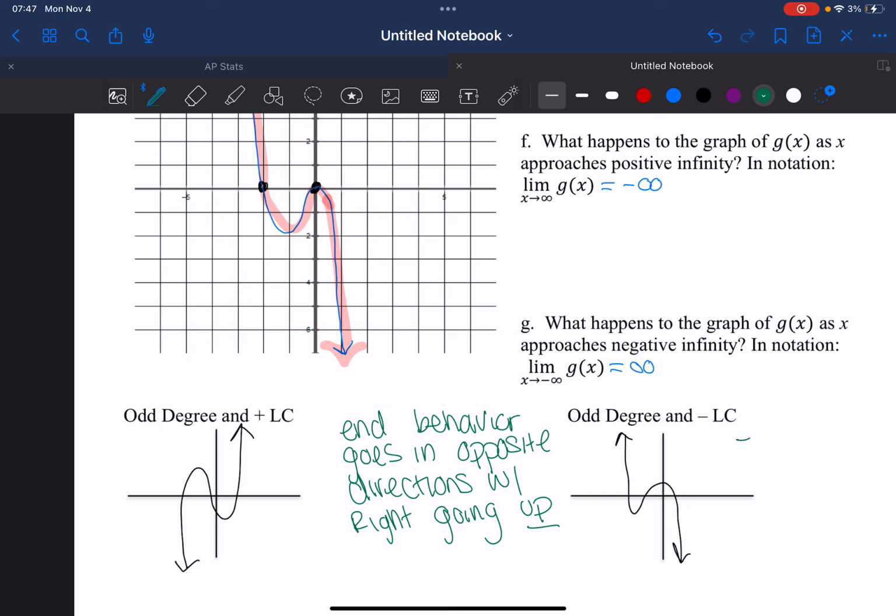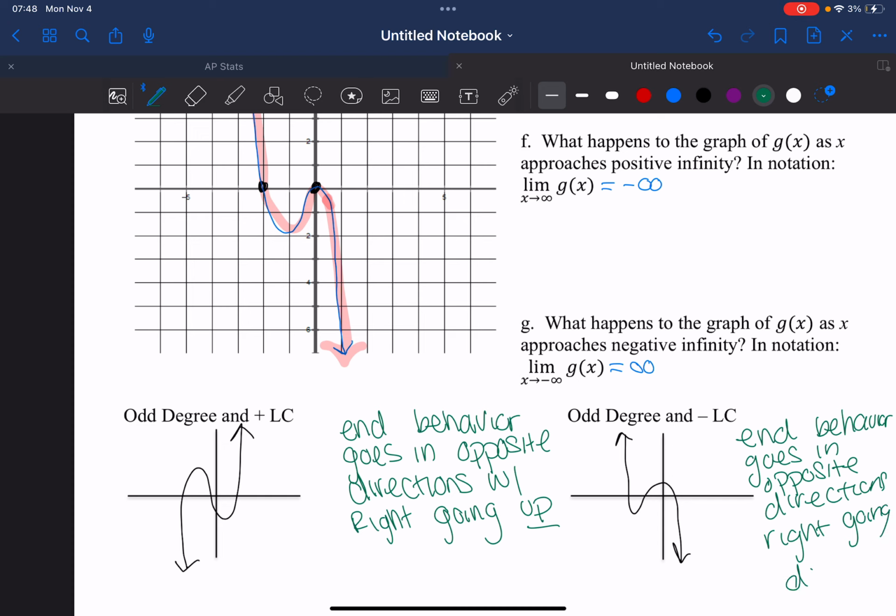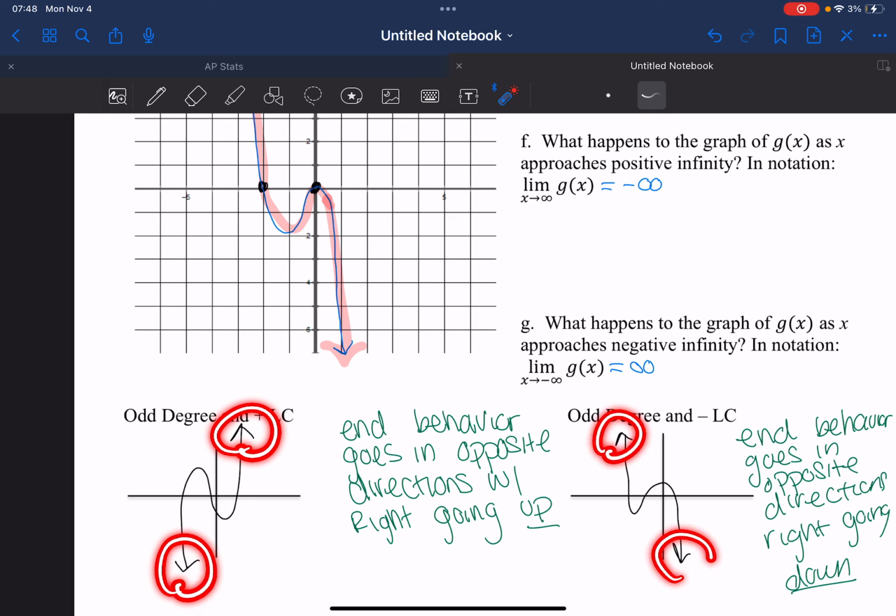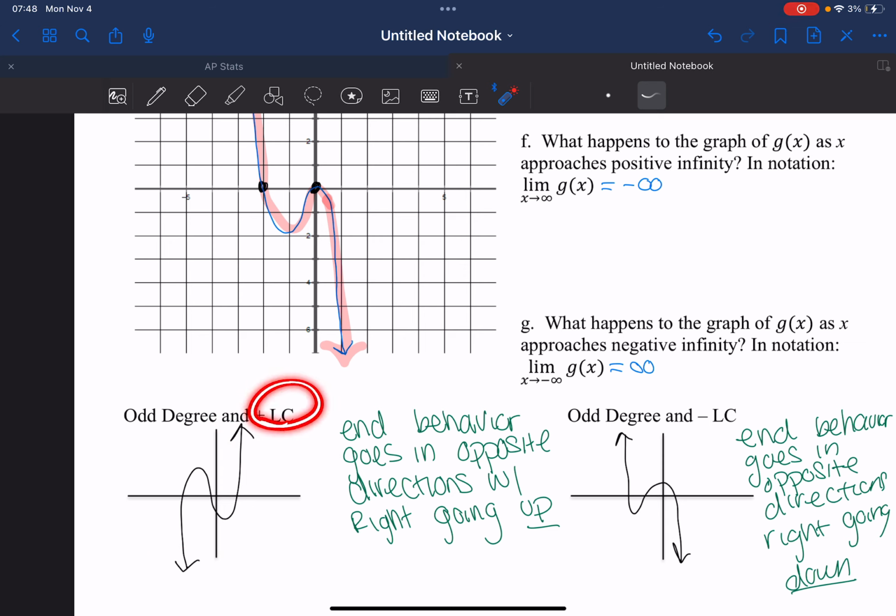And on the other one, the end behavior goes in opposite directions, but the right is going down. When I'm talking about end behaviors, I'm talking about these arrows. Notice how they're going in opposite directions, but the right side with the positive leading coefficient is going up, and the right side with the negative leading coefficient is going down.